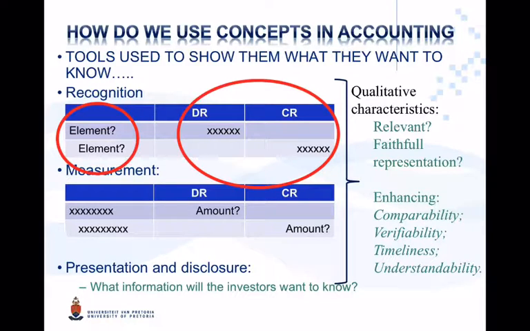So using your element definition, you decide on recognition, then get your measurement. That entire process is surrounded by the question: what is my purpose? I'm trying to provide useful information to specific people, investors, lenders and creditors. What would they need to know? Can I provide relevant information to them? Can I faithfully represent what that economic event is all about?